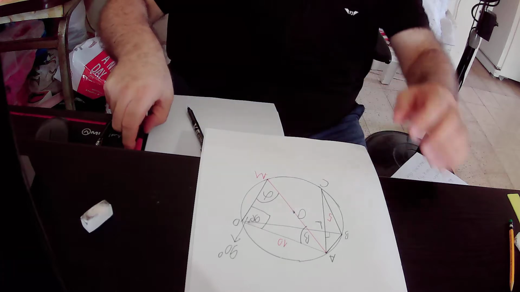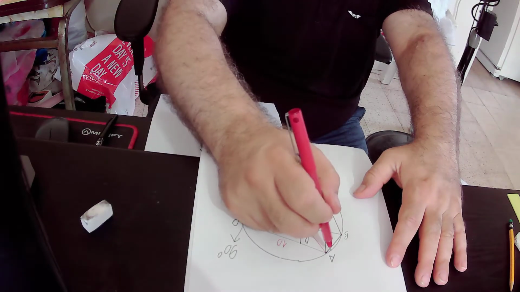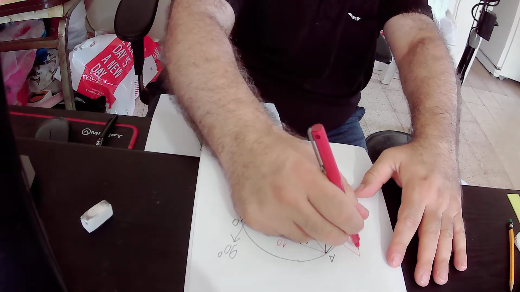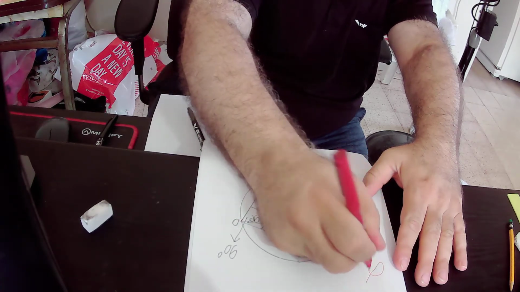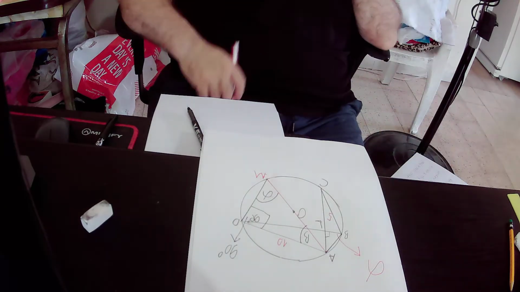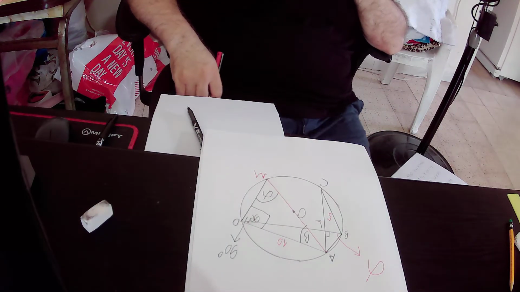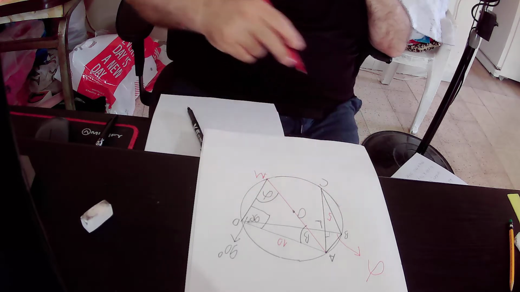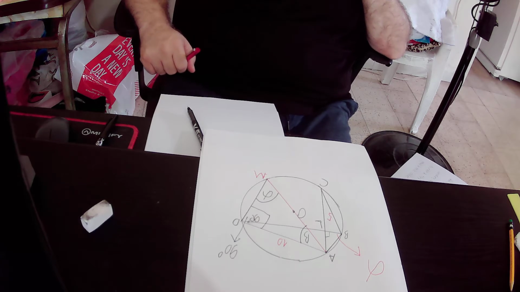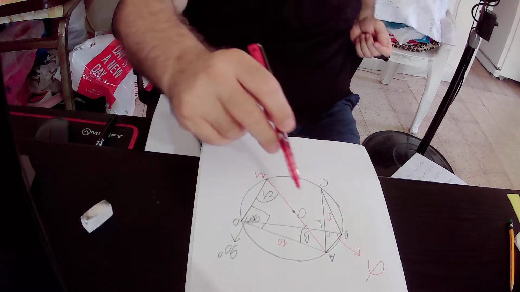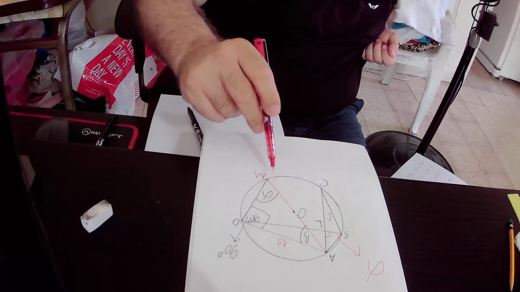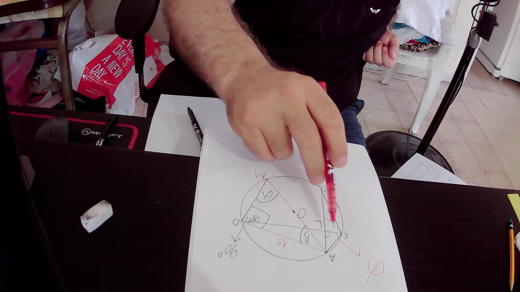So I write it here: angle ABD equals alpha. Okay, angle ABD equals angle alpha according to rule number 2, because it rests on chord AD, and angle alpha also rests on the same chord AD.